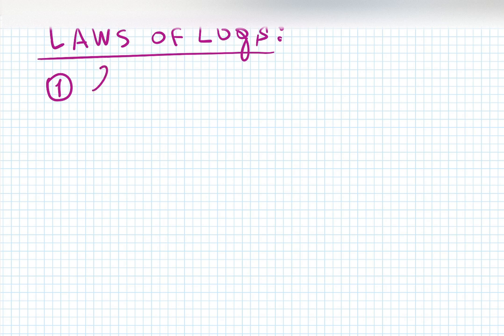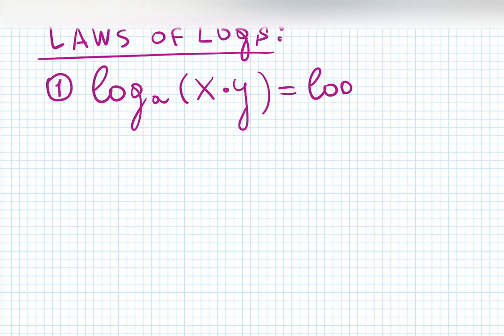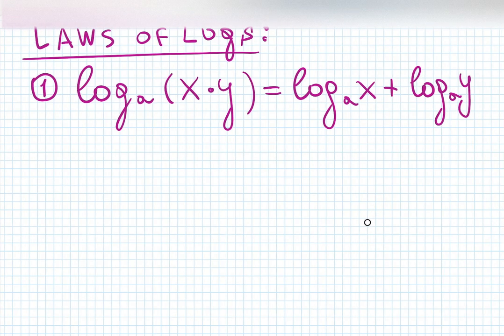Interesting to point out that log of the product x times y makes it slower by breaking it down to the addition of two logs, log of x plus log of y. But the base should be the same. You see how it slows down everything? A product is too fast, so we make a sum out of it.